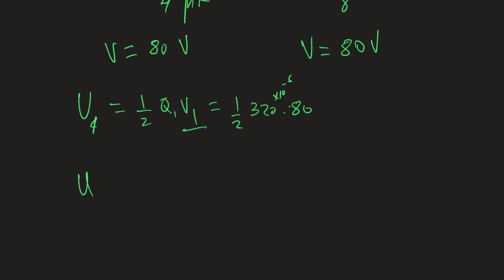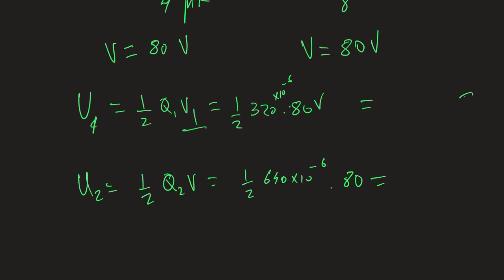And U2 is 1/2 Q2 by V2, but V2 is the same as V. So it's 1/2 times Q2, 640 microcoulombs, by the potential 80 volts. If you make these calculations, you will find in joules the amount of energy that is stored.